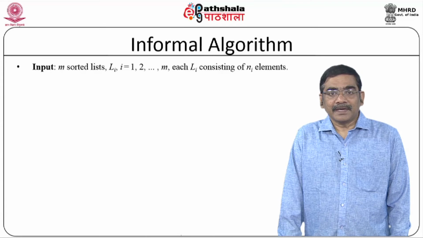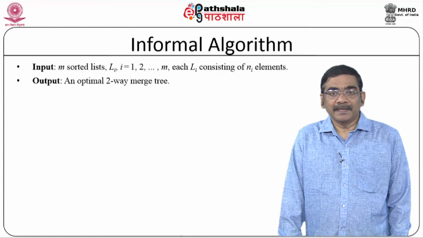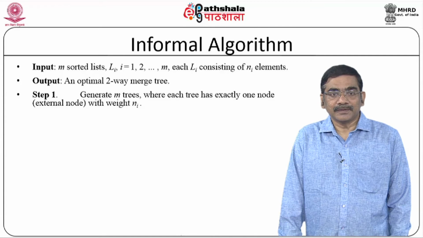Let us try to write an informal algorithm for this. The input is going to be M sorted lists. The output is going to be an optimal two-way merge tree. In the first step, what we are trying to do is generate M trees, where each tree has exactly one node with the weight Ni.